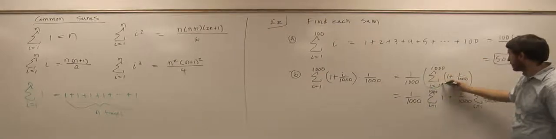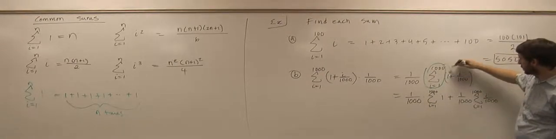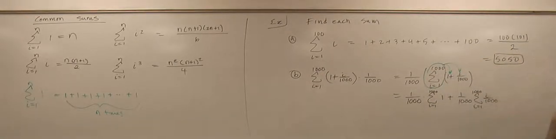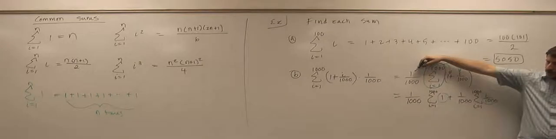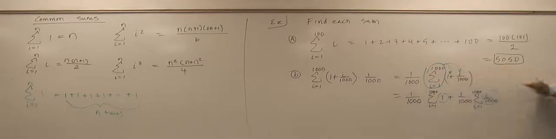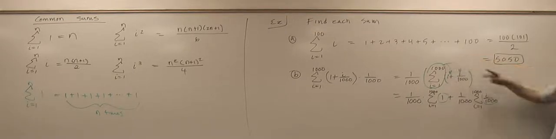This guy went here and here. Because the 1 over 1,000 was out front, it goes to both of them. Now what? This pulls out again. 1 over 1,000 is a constant multiple for this guy. It wasn't here, but it is here.